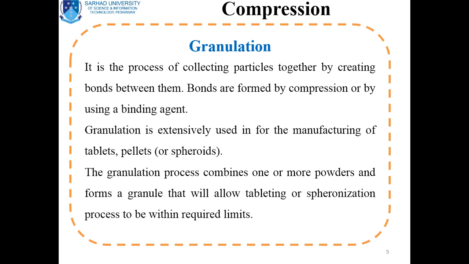Bonds are formed by compression or by using a suitable binding agent. Granulation is extensively used for the manufacturing of tablets, pellets, or spheroids. The granulation process combines one or more powders and forms a granule that will allow the tableting or spheronization process to be within the required limit.